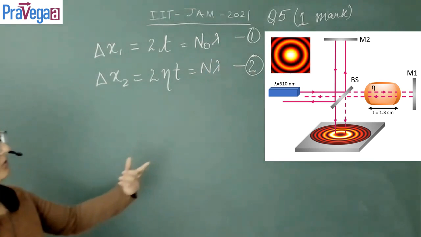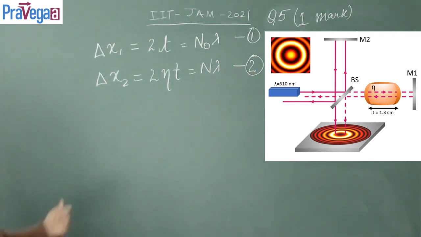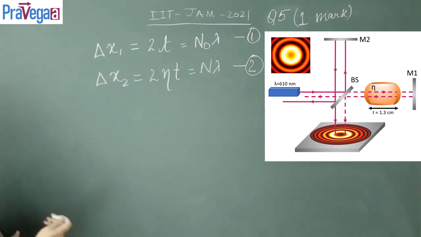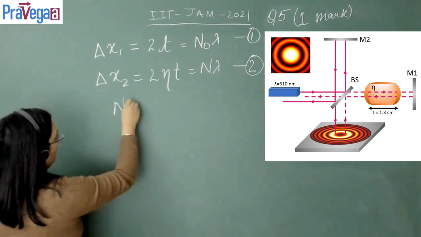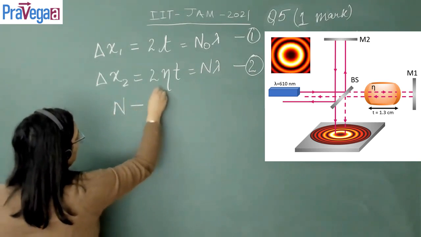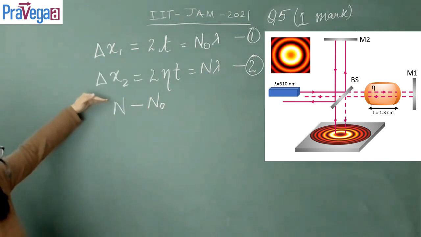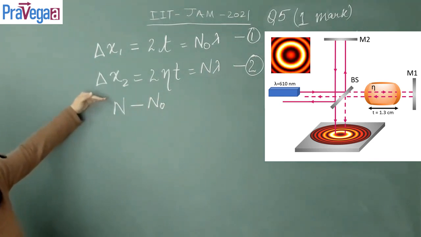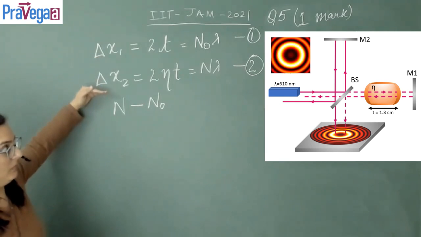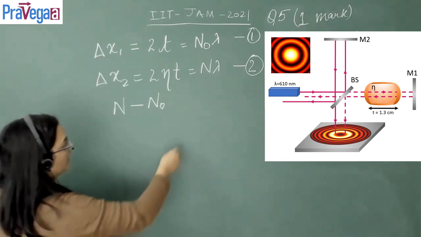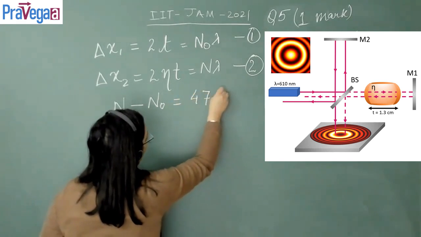Since after introducing the medium the order of fringe has changed, now we are giving it as n lambda. And it is given in the question that on going from the reference to the medium, or when the cavity is filled with the medium, the number of fringes that have collapsed is 472.